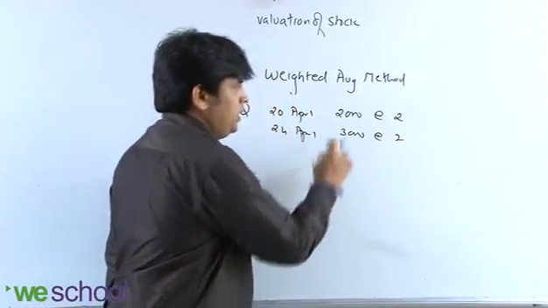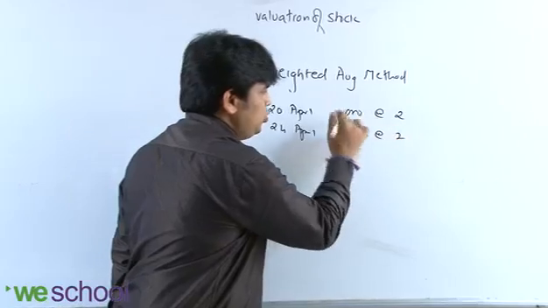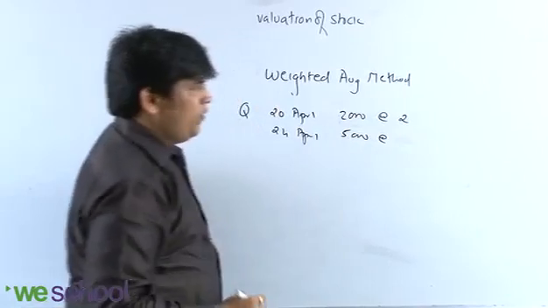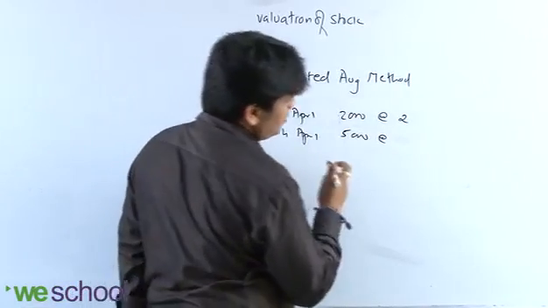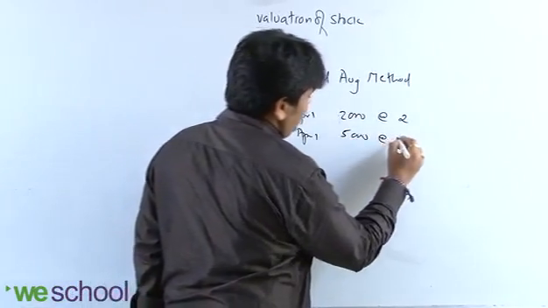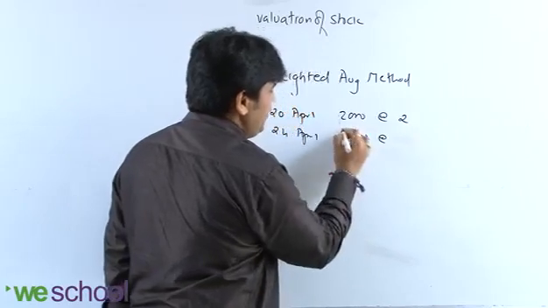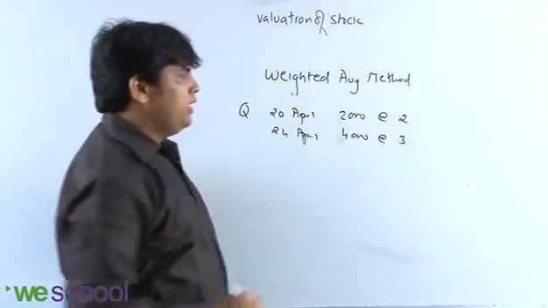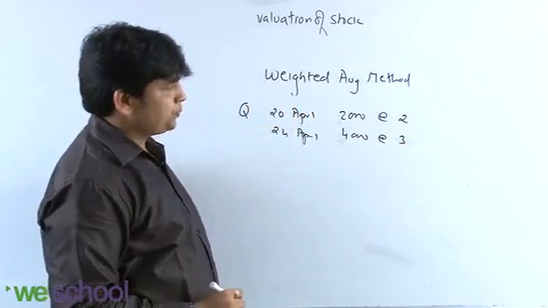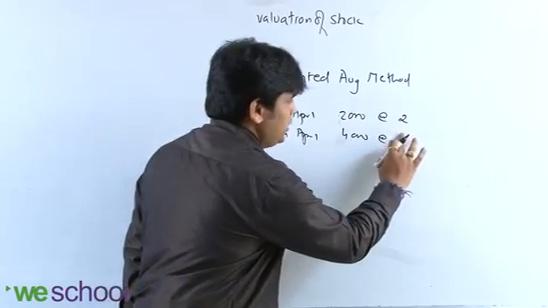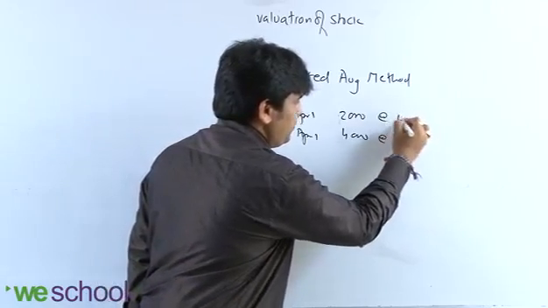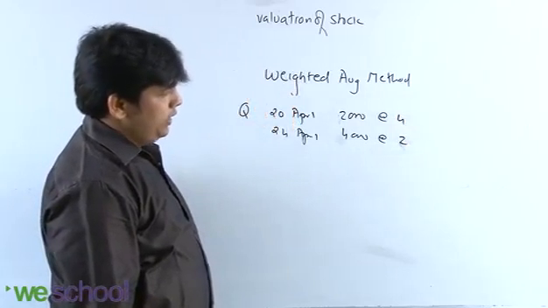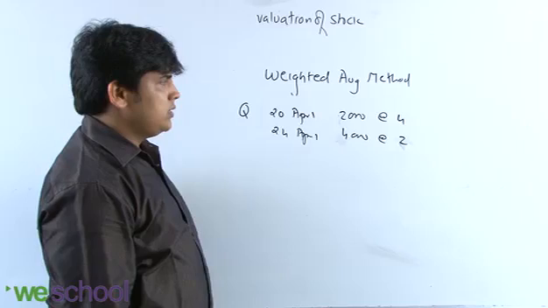No problem, because 8000 and 8000 divided by 6000.